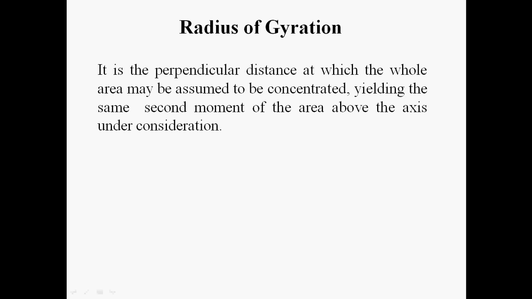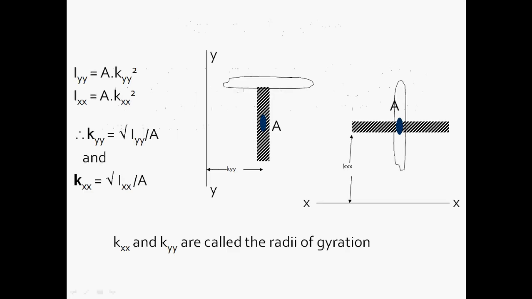Next we will move on to the concept of radius of gyration. The radius of gyration is defined as the perpendicular distance at which the whole area may be assumed to be concentrated, yielding the same second moment of area about the axis under consideration.